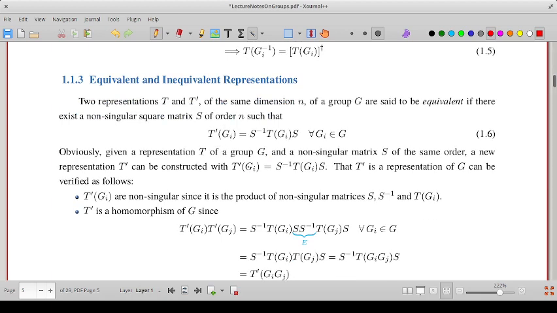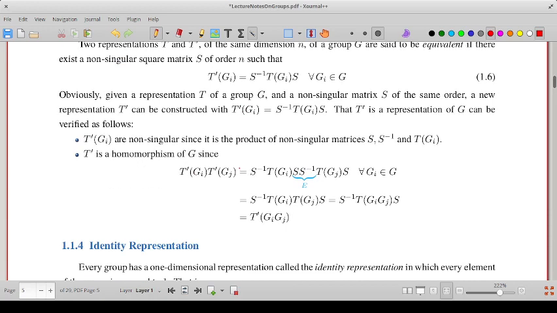Now, given a representation T of a group G and a non-singular matrix S of the same dimension, then we can always construct a new representation T dash by the following form: T dash (Gi) is equal to S inverse T(Gi) S. And we can show that this T dash (Gi), the set of all such matrices, also form a representation of the group.